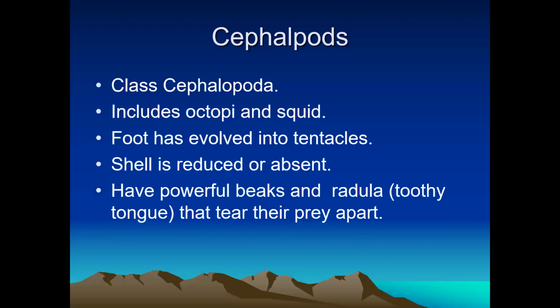They also have powerful beaks and radula. The radula is a toothy tongue that is used to tear apart prey. You have to be kind of careful when you're dissecting these things, because when you get into that area, if you're not careful, you can slice yourself on that. The beak is pretty sharp and the little radula is sharp too, and they will puncture through a latex glove.